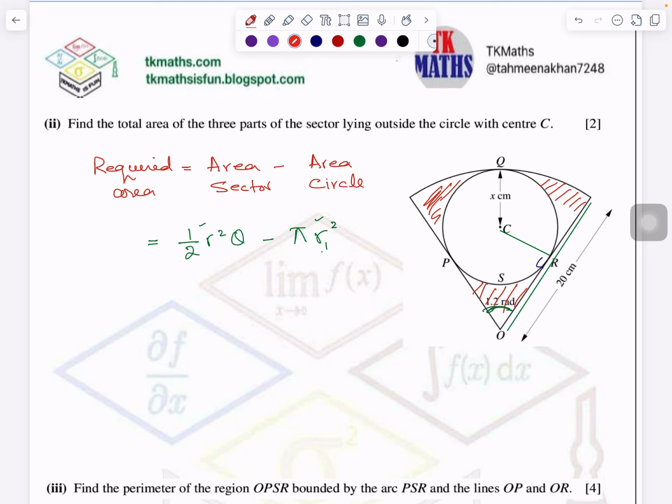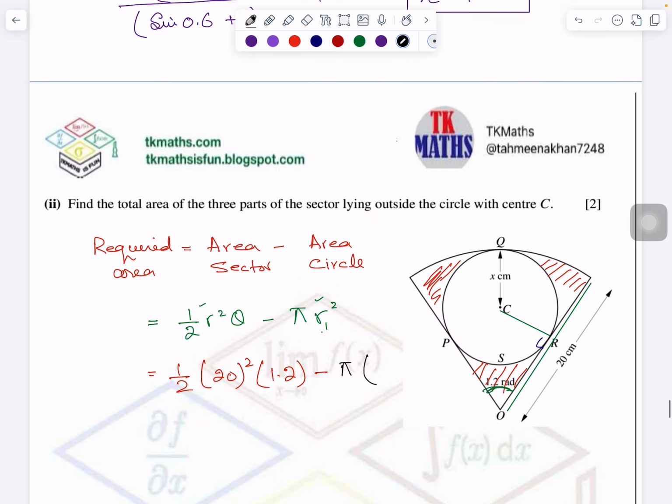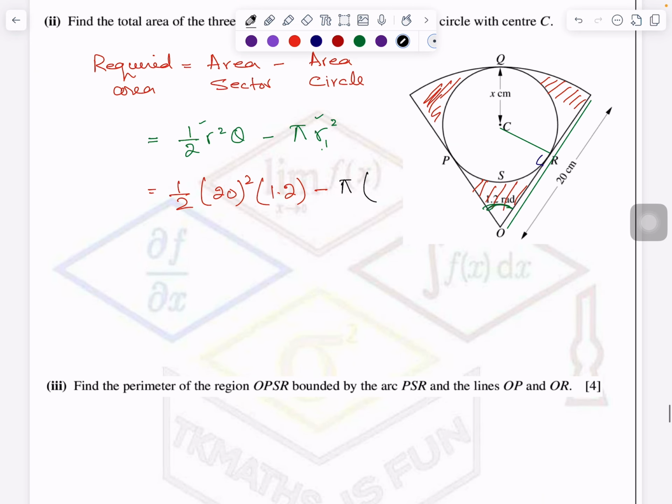Okay, so now it will be half times 20 square times theta, which is 1.2, minus pi, and x we have just proven, it was what? 7.218. So we have just shown it in the first part of the question.